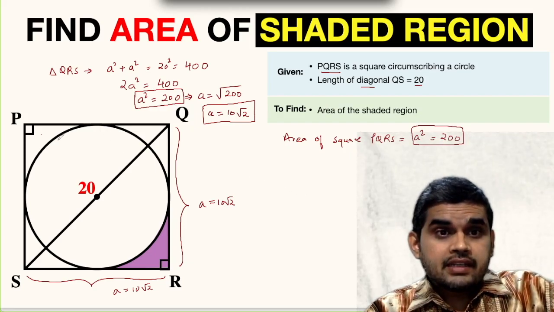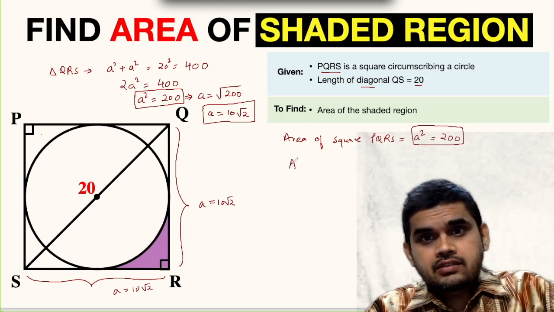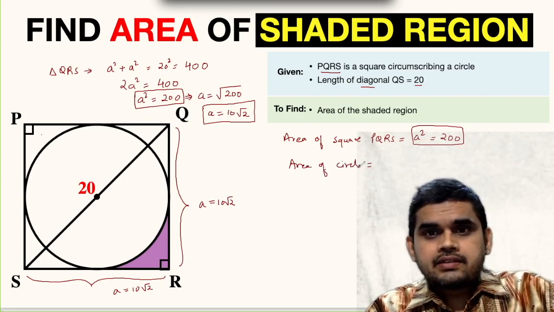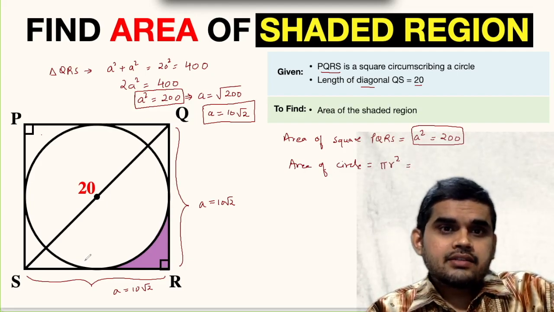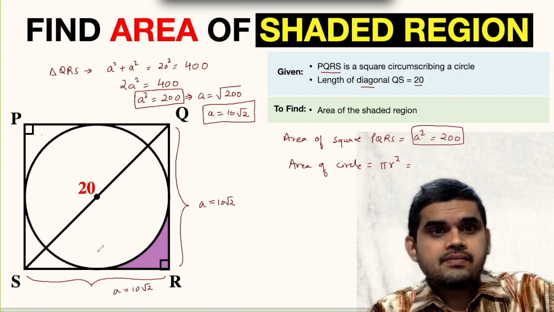Now we need to find the area of this circle. The area of a circle is pi times radius squared. So what is the radius? That we need to find.